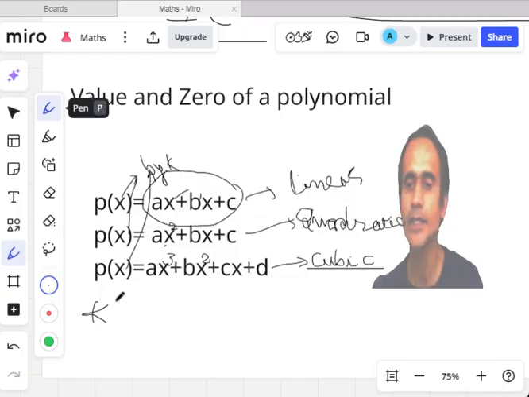So we can say it is the value of the polynomial p(x) at x equal to k.